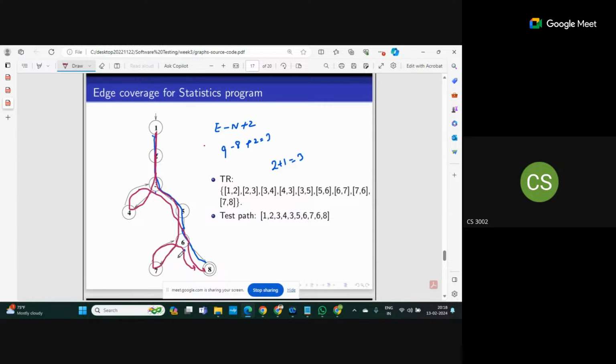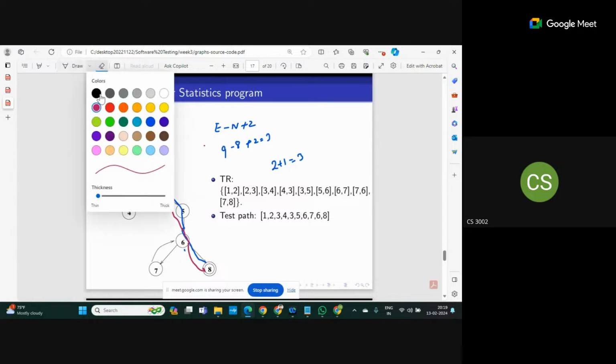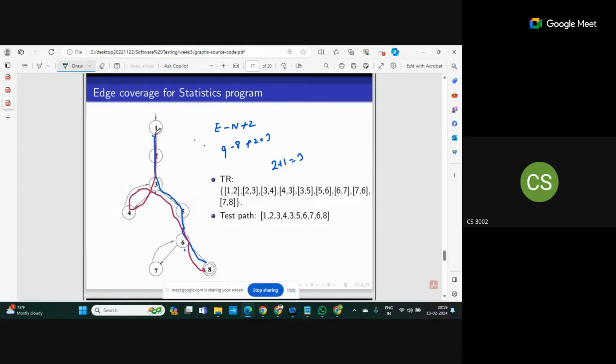Yeah, I took it, right? Maybe it's not visible, I'll draw in a different color. So this is another. This is the maximum number of independent paths I can have, so it guarantees that it will cover all the branches, all the nodes.